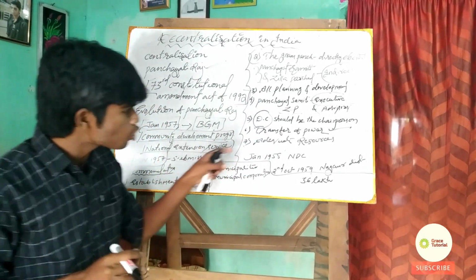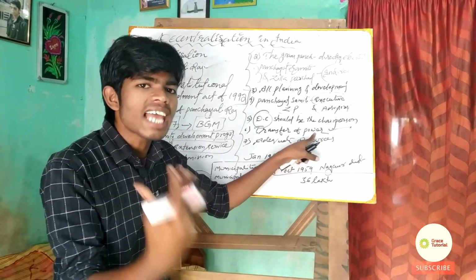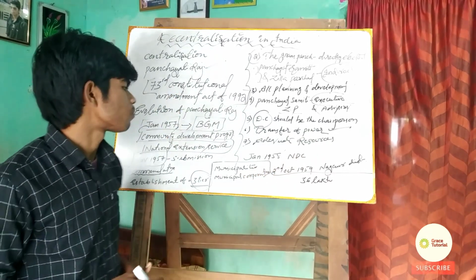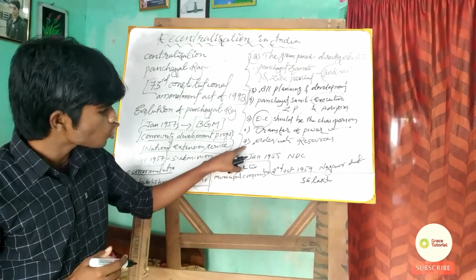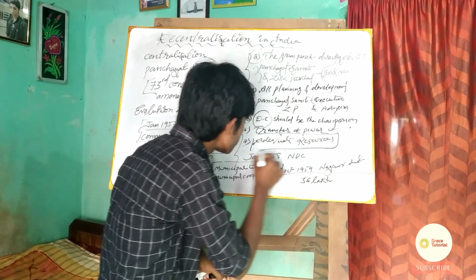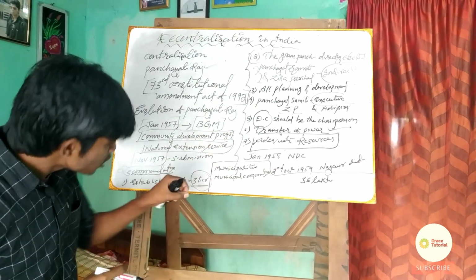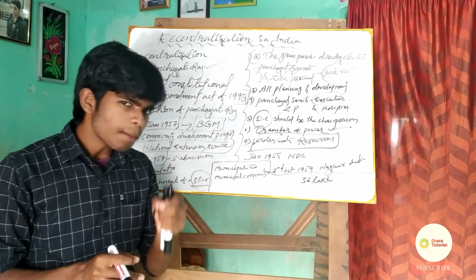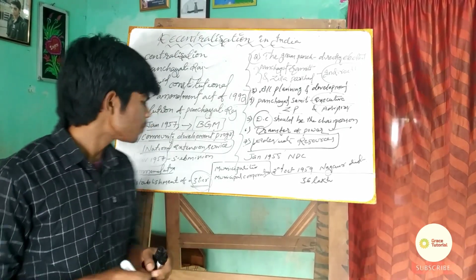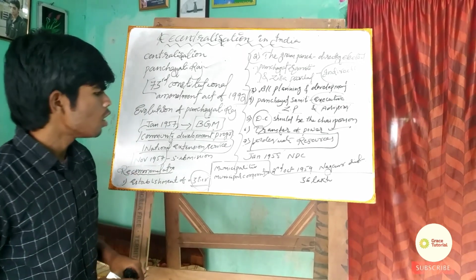So there should be a genuine transfer of power for good and effective governance in that region. We have recommendation number seven, that is, adequate resources should be transferred to these bodies. That means all these recommendations were made by the Balwant Mehta Committee, which submitted its report in November 1957.